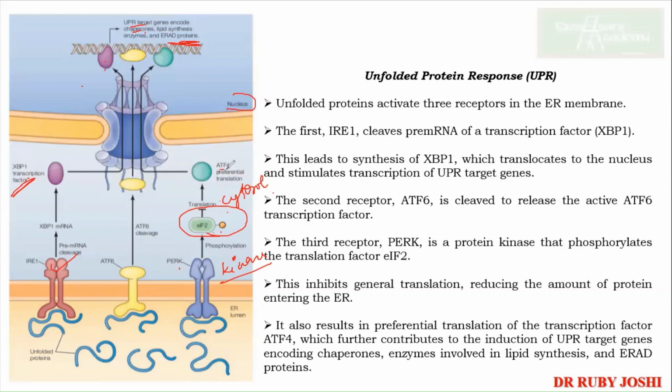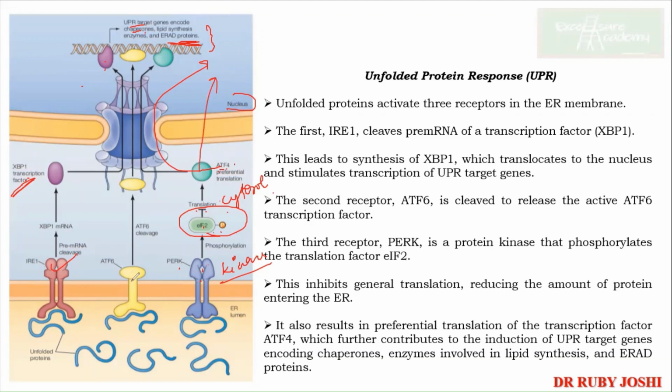Okay, this is a transcription factor which will go and help in the expression of the gene. Okay, it is not that the PERK is doing something. PERK is a kinase enzyme which phosphorylates the initiation factor of the translation, hence inhibiting the translation in the cytosol, which eventually results in the activation of your ATF4, which goes into the nucleus.